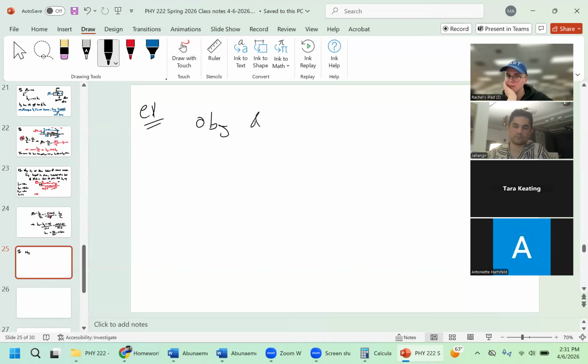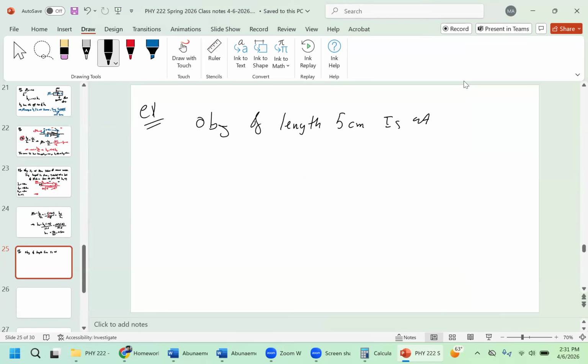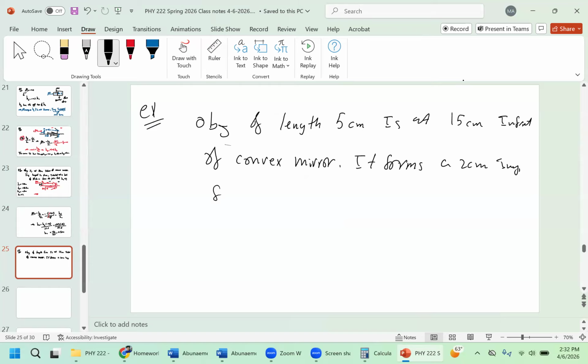So your object of length 5 centimeters is placed at 15 centimeters in front of your convex mirror. It forms a 2 centimeter image. Find the distance of the image.